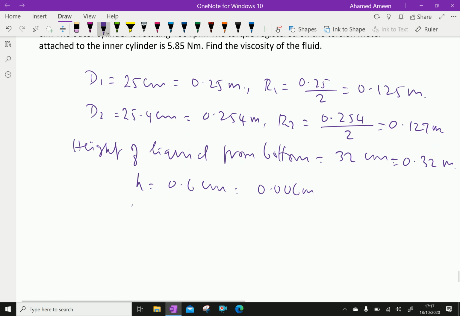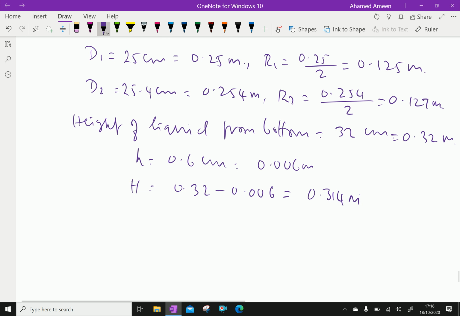Then for H, the height difference is 0.32 minus 0.006 meter, which equals 31.4 centimeter, and converting to meters, 0.314 meter.